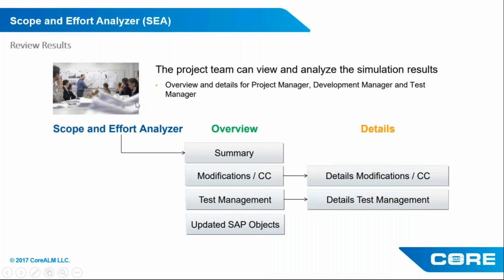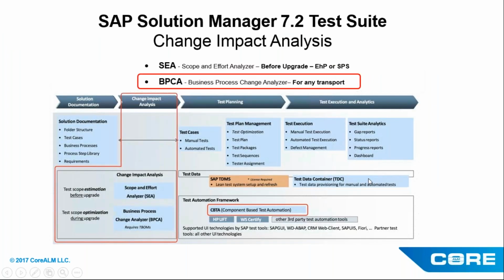And then from that, whether it's BPCA or Scope and Effort Analyzer, the results are going to come out of that and show you, or have the summaries and detailed information to be able to go through and do the planning. So BPCA is after.